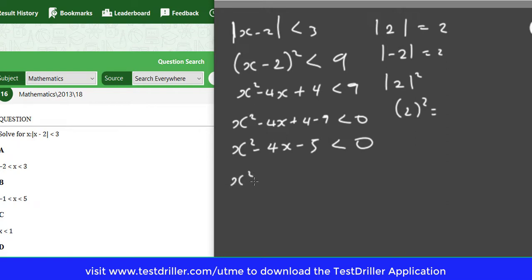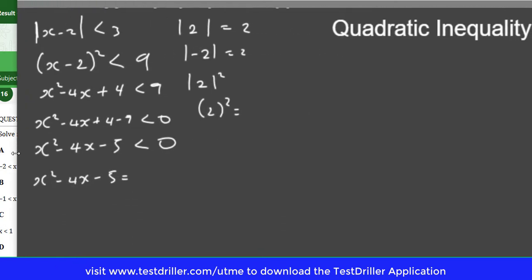Let's use the factorization method. What are the two numbers you multiply to get minus 5 and, when you add them up, you get minus 4? If you think about it carefully, those numbers are minus 5 times 1, which gives minus 5, and minus 5 plus 1 gives minus 4. So you take x squared minus 5x plus x minus 5 equals 0.